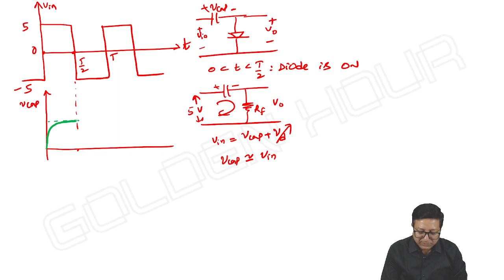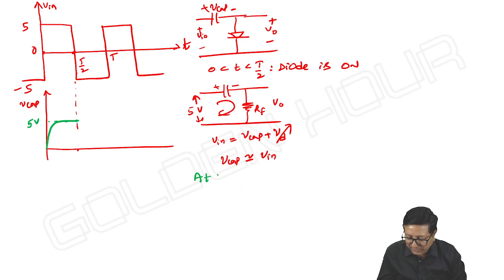So before t equals T by 2 only, the capacitor charges up to 5 volts. No doubt about it. Not like sine wave and all. Right here, the capacitor is charging up to 5 volts before t equals T by 2. No doubt about it. So now how to analyze it?